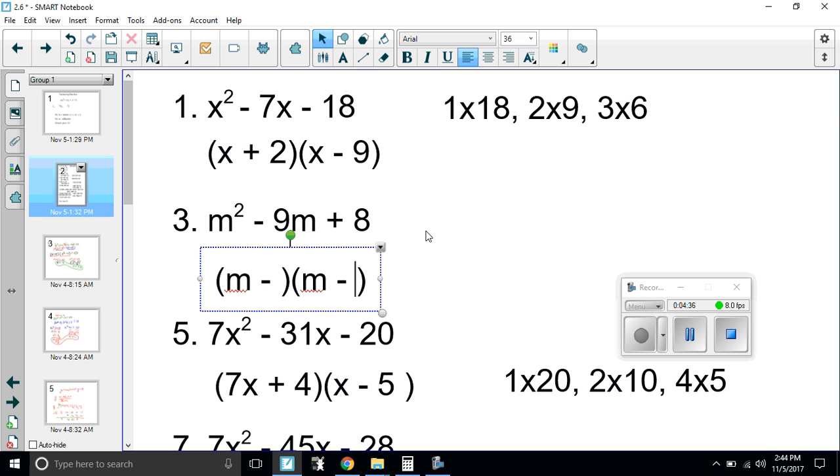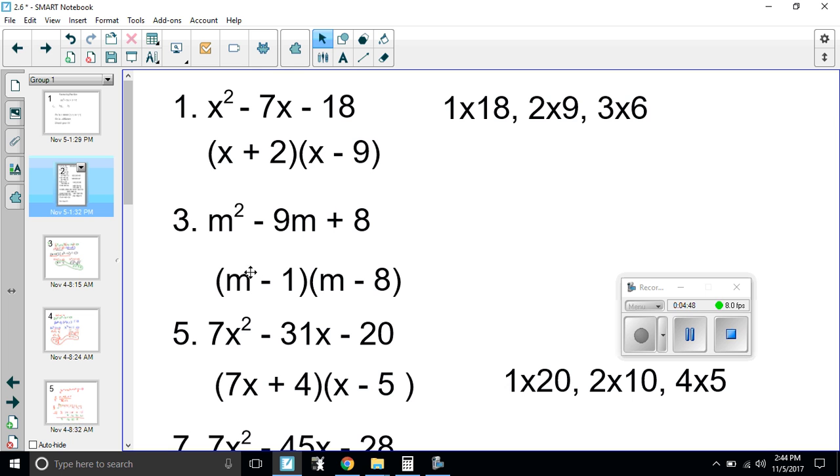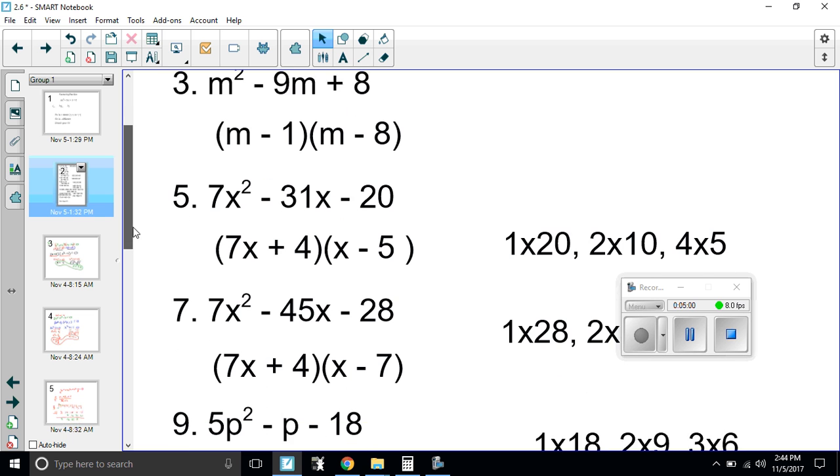In this case, my factors of 8 are 1 and 8, and 2 and 4. And again, knowing that I have to check my OI, the 8 and the 1 are the values that are going to give me 9. So when I check my OI, m times negative 8 is negative 8m, and negative 1 times m is negative 1m. Negative 8 plus negative 1 is negative 9. So there is that quadratic expression factored.